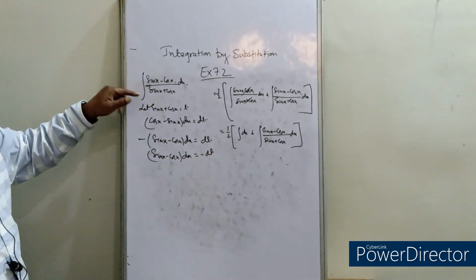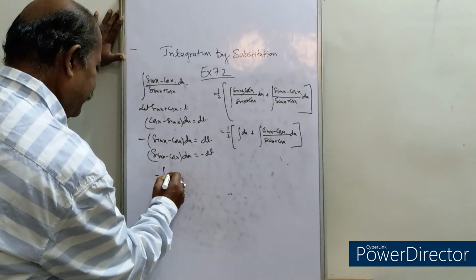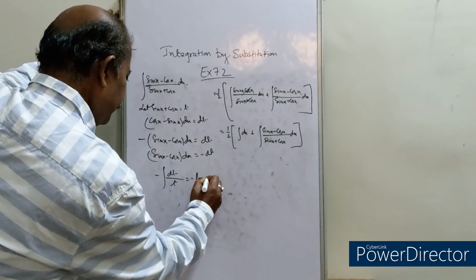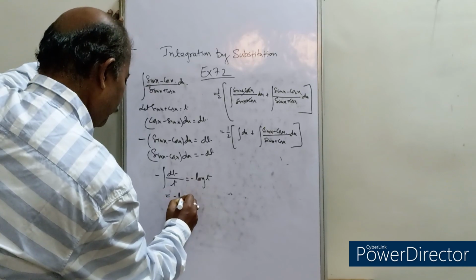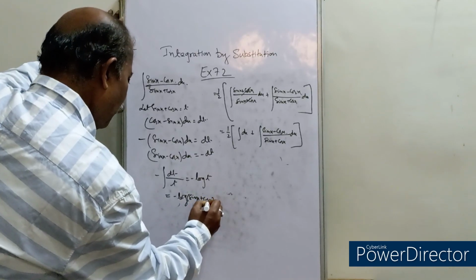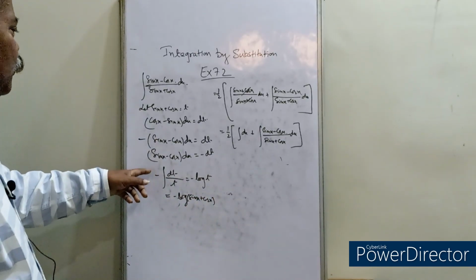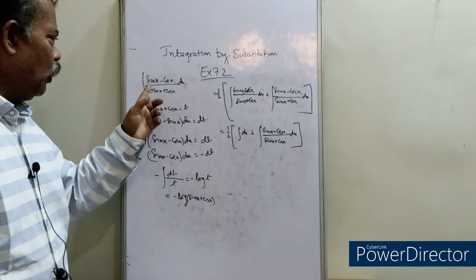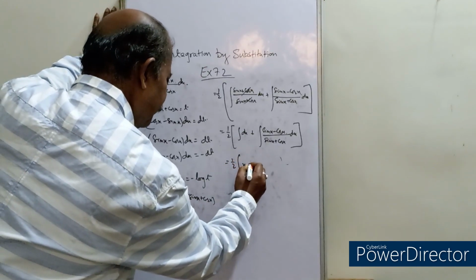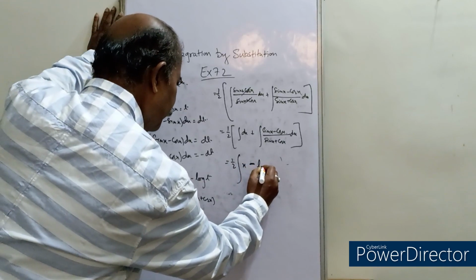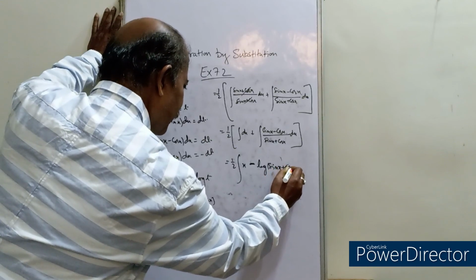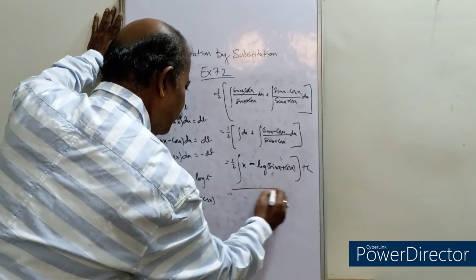So the numerator becomes minus dt and the denominator is t. So this becomes minus log t, where the value of t is sin x plus cos x. So your answer results out to be 1 by 2 integration, this is x, minus log of sin x plus cos x, plus c. So this is your answer.